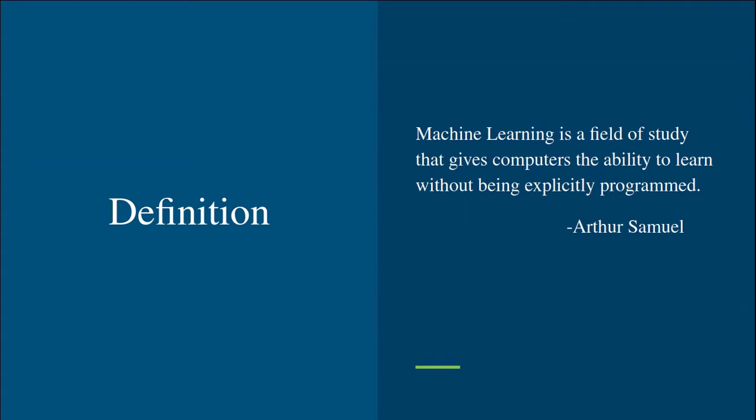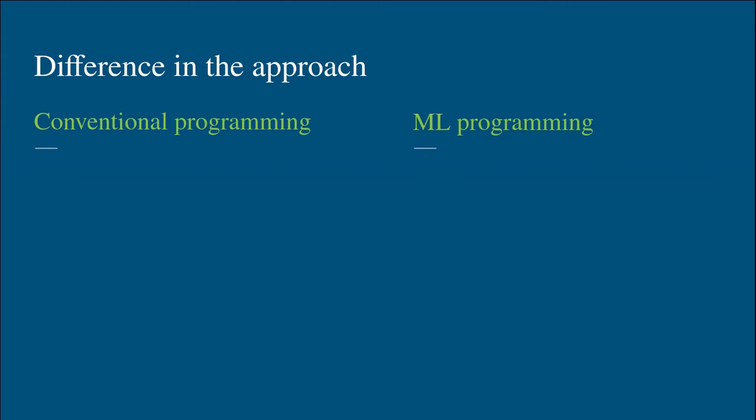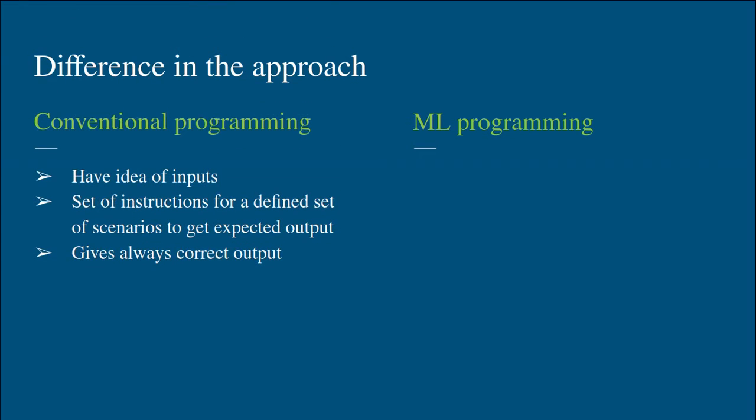Let us see the difference in the approach of conventional programming that we have been doing so far and programming in machine learning. The approach of conventional programming is to feed the computer a set of instructions for a defined set of scenarios. After that, the computer will utilize its computing capabilities to help humans process the data faster and in an efficient fashion.